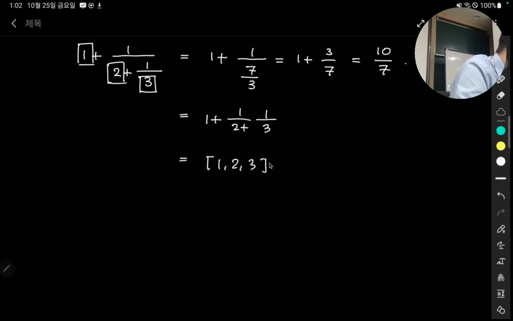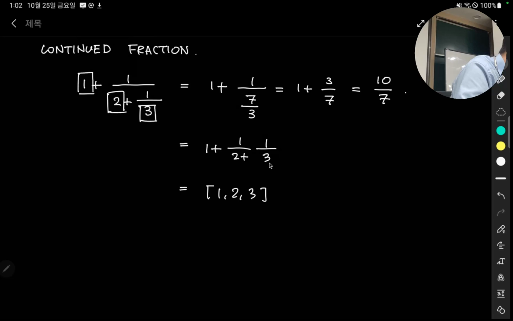Okay, so why are we considering continuous fractions? There are many reasons in number theory, but in our situation, we want to find a rational number satisfying these conditions. So we have 2 to the n over y, r over j, 2n plus 1.